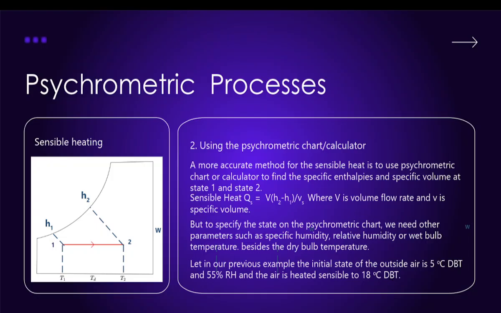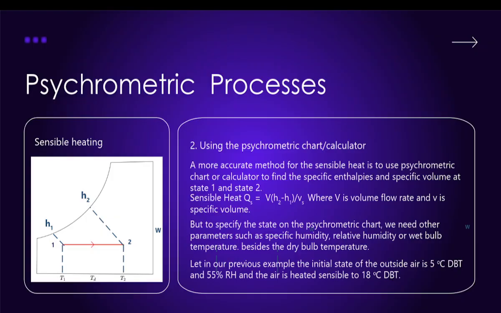Here H2 and H1 can be found from the psychrometric calculator by putting two parameters like dry bulb temperature and relative humidity. But to specify the state on the psychrometric chart, we need other parameters such as specific humidity, relative humidity, or wet bulb temperature besides the dry bulb temperature.